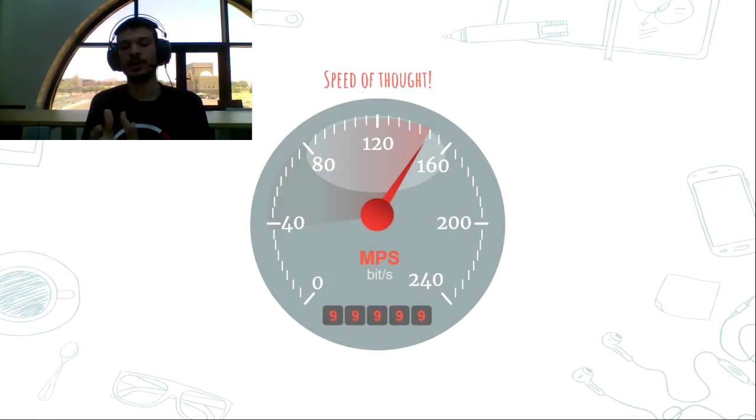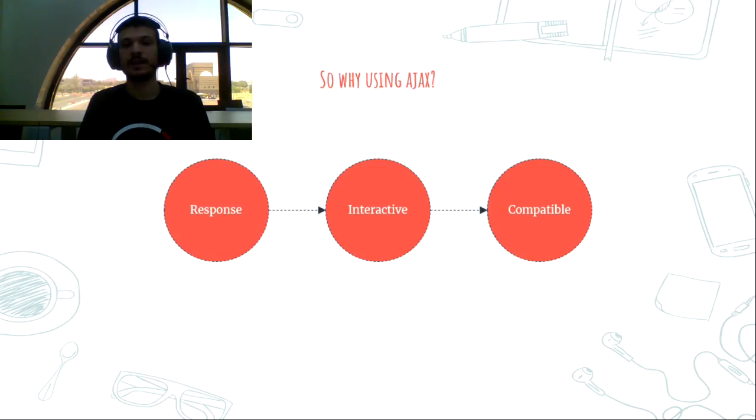Now, back to Ajax. Ajax mainly uses APIs. All thanks to Ajax, the browsing of the internet has become very fast. We can describe it by the speed of thought. Now, there are many reasons to use Ajax.